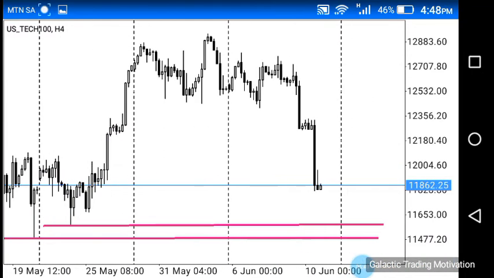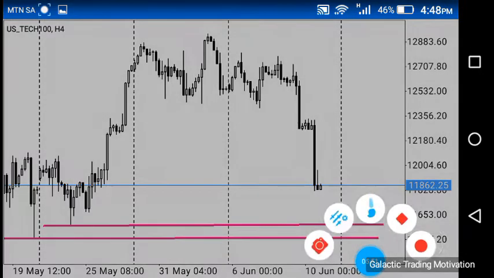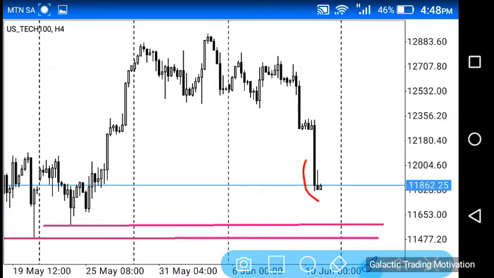So what do we see on this particular H4 chart that is significant or of interest? To be honest, I don't see anything that is significant. Although we do have this candlestick over here, the small bearish candlestick with a small body and a long upper wick.